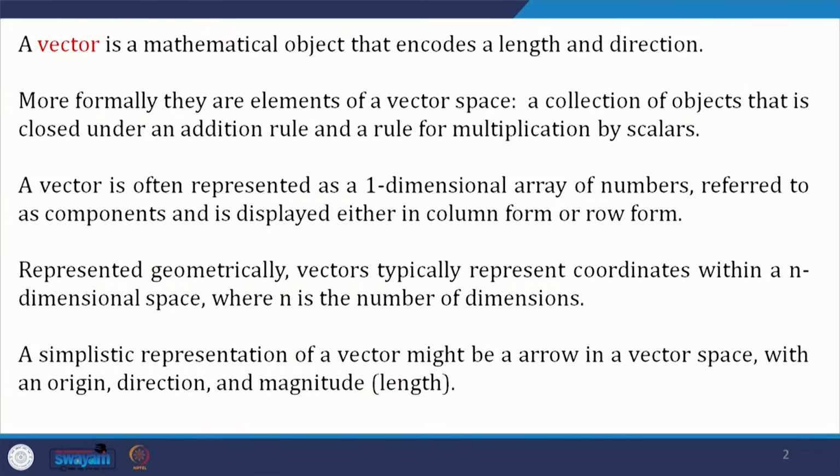To be very frank, vectors are a very basic entity of any machine learning algorithm. If I define a vector, a vector is a mathematical object that encodes a length and direction. As a mathematician, they are elements of a vector space, where we put infinite vectors that share some common properties together.